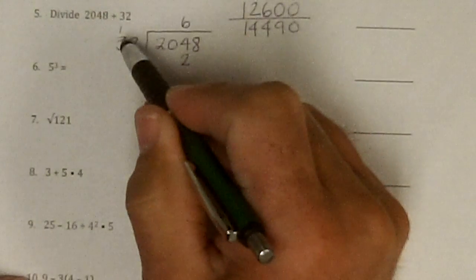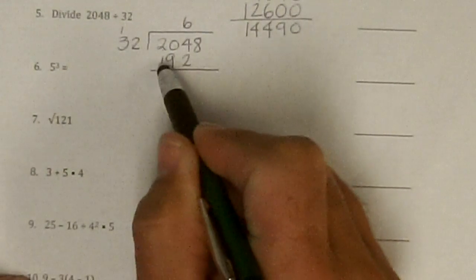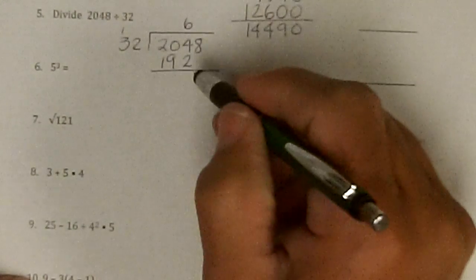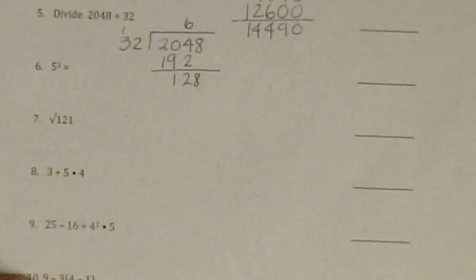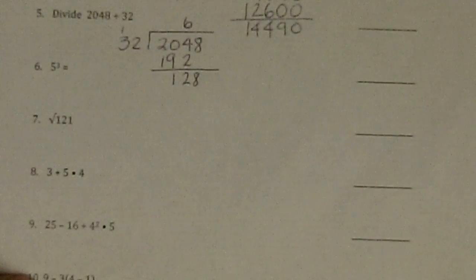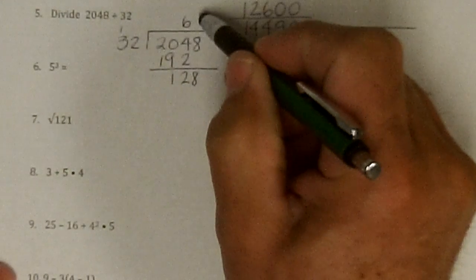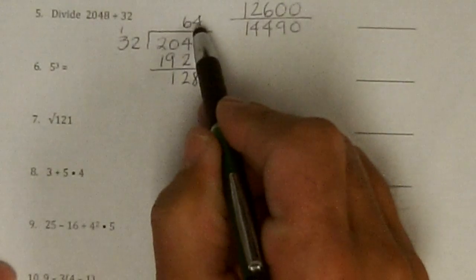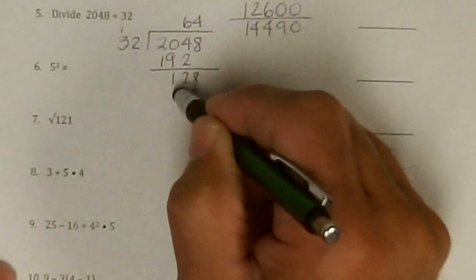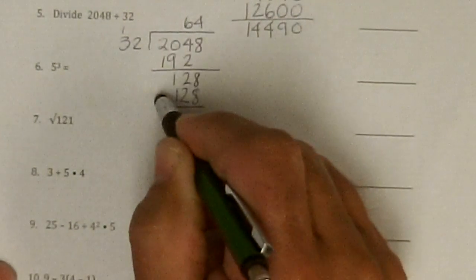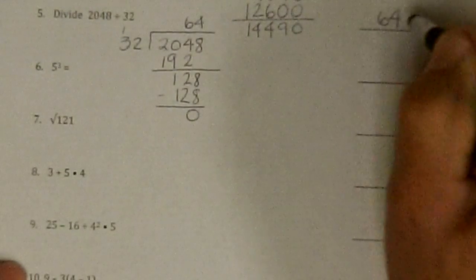Carry the 1. 6 times 3 is 18, 19. If I take 192 from 204, I get 12. And I bring down the 8. And 32 will go into 128 about 4 times. 4 times 2 is 8, and 4 times 3 is 12, and if I subtract those, I get 0. So it went in evenly 64 times.